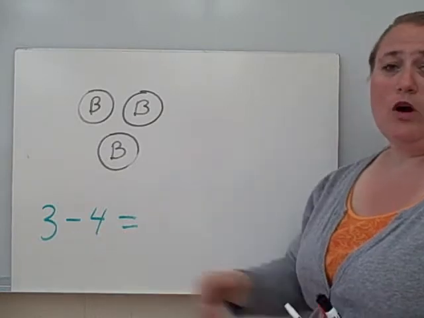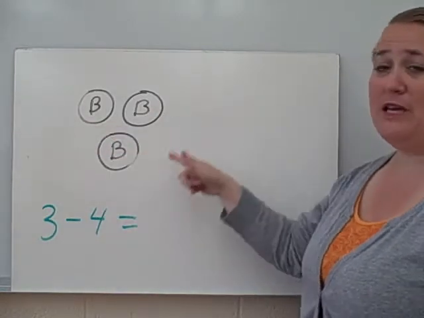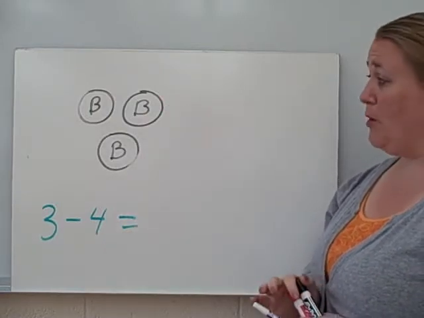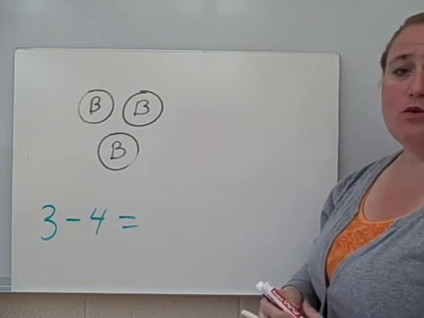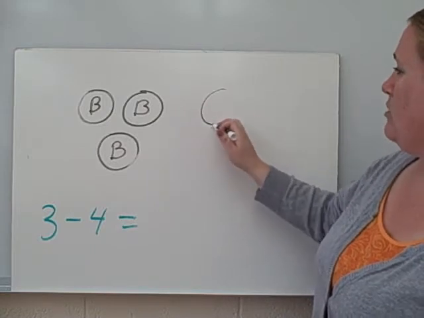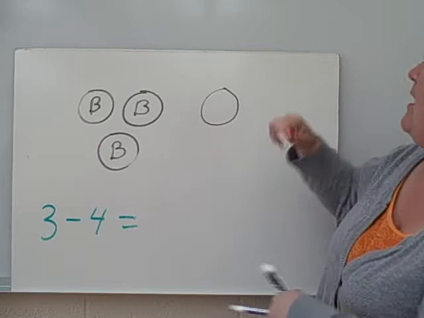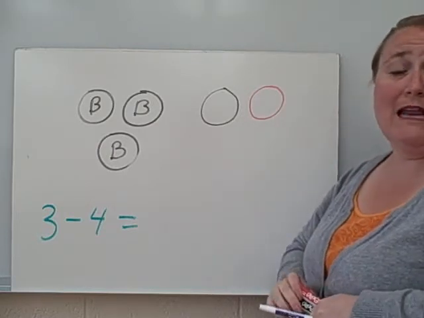Three minus 4. Well, now this one's a little trickier because we only have 3 black chips, but I want to take 4 of them away. We also learned about something called a zero pair in the last video. Remember, a zero pair is a positive 1 and a negative 1 that we can add.